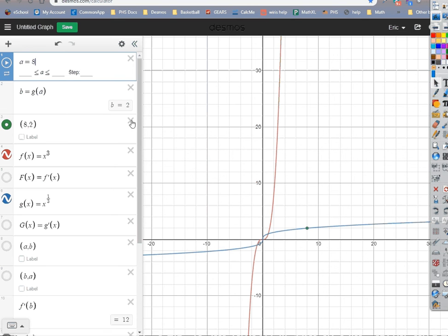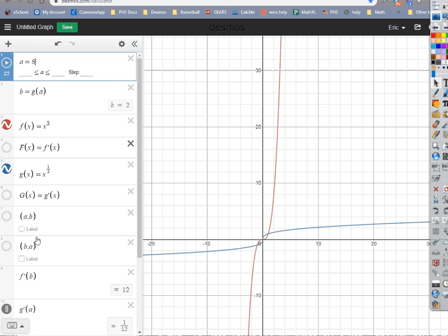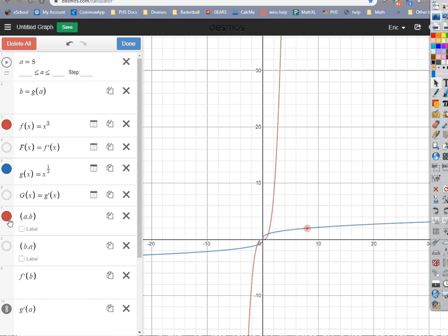And so I don't even really need that point. I think I've already got it graphed here. So there's the point AB. Agreed? Okay. Let's make that blue, though.